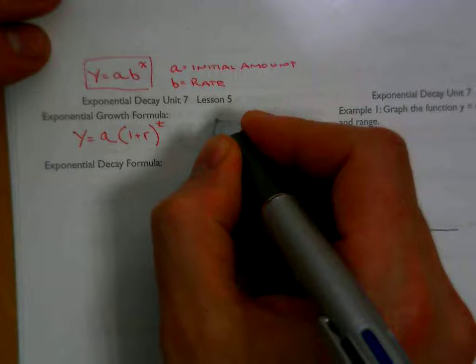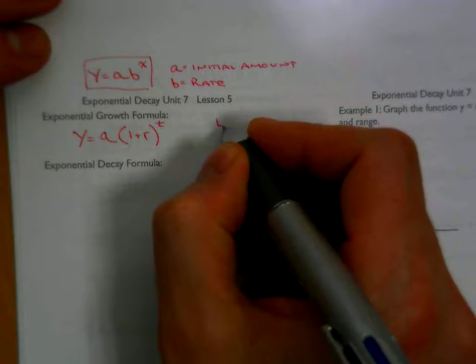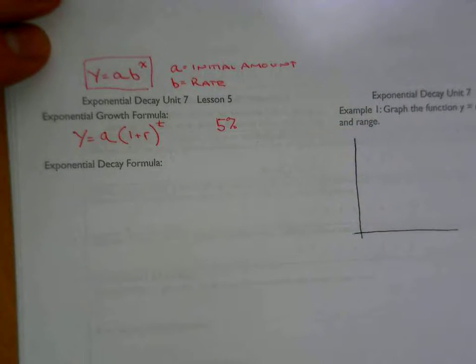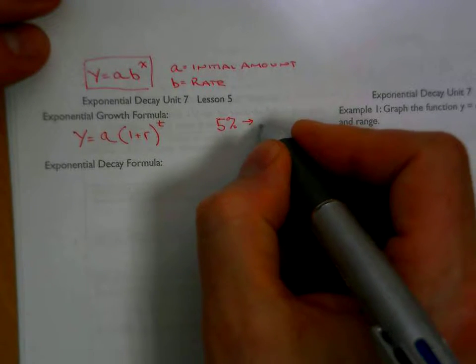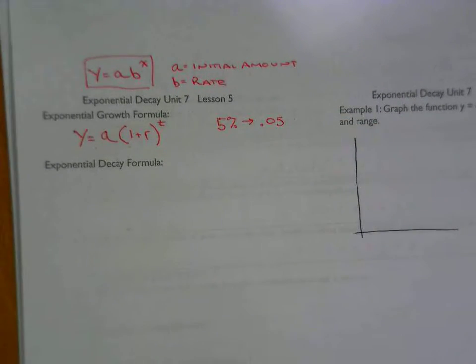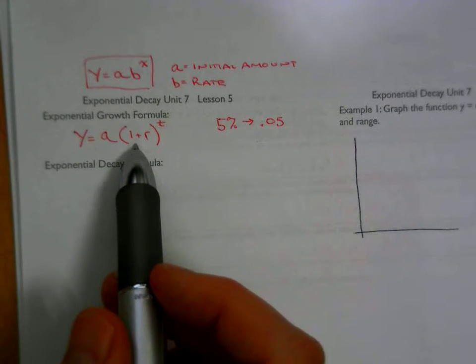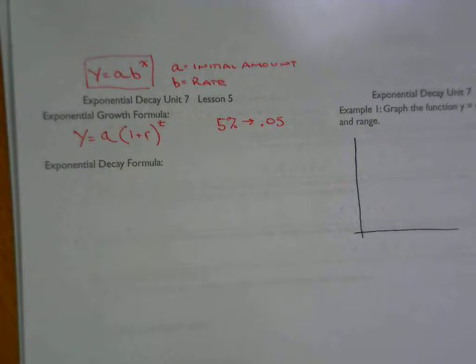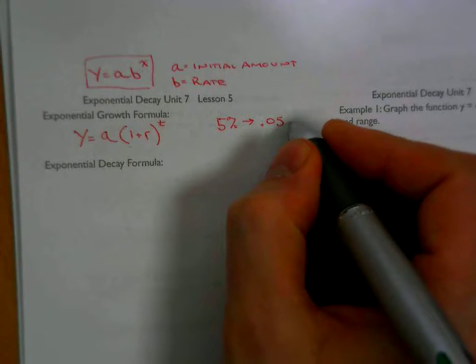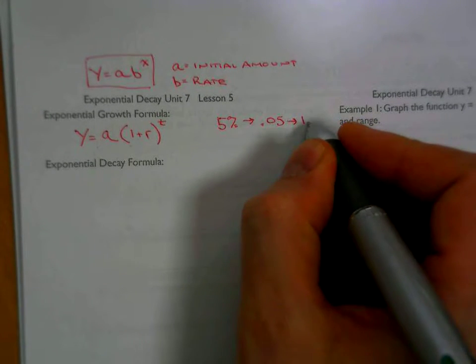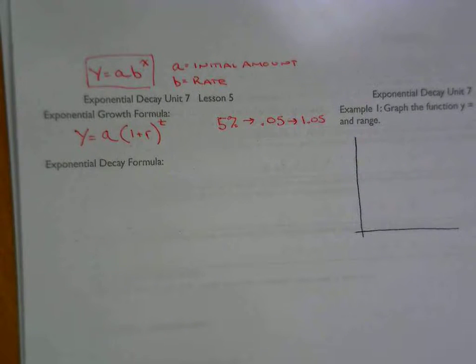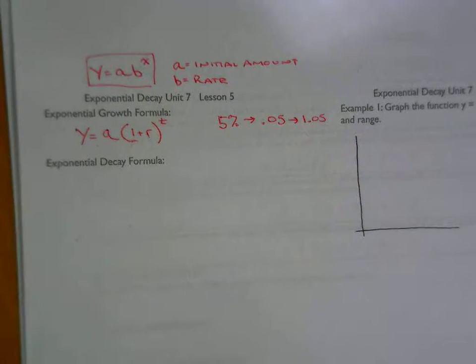So maybe something grows at 5%, the rate would be 0.05. Now, if I want something to increase by 5% or 0.05 each time, I can't multiply it by 0.05 and make it get bigger. You would need to turn this into 1.05. If I multiply something by 1.05, that will make it grow by 5%. And so that's why we see this plus 1 here.